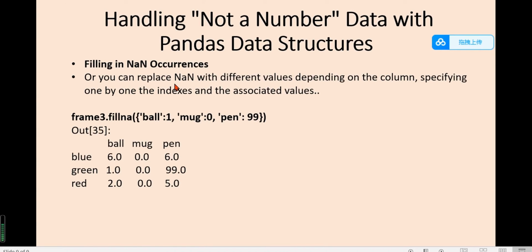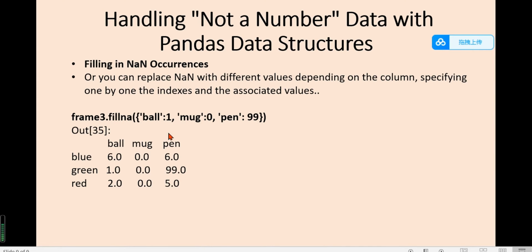Now you can replace NaN values with different values depending on the column, by specifying one by one the index and the associated values. So we can write fillna, and in the parentheses is a dictionary, where the key is the column variable name and the value is the number which will replace NaN for this column.